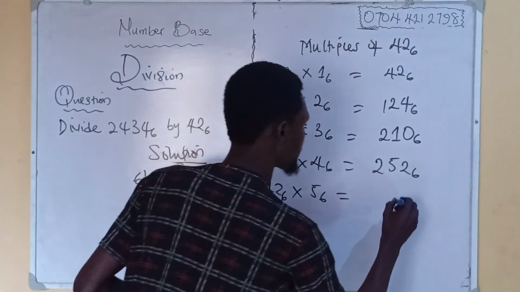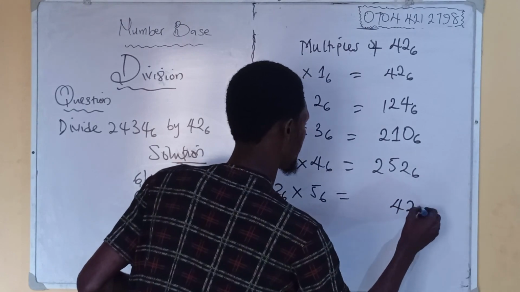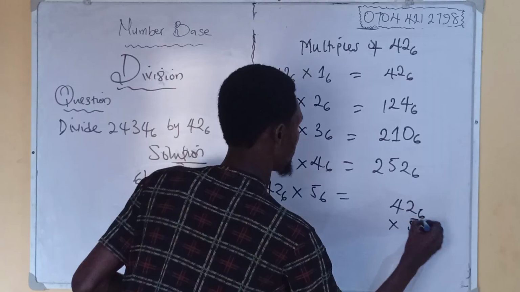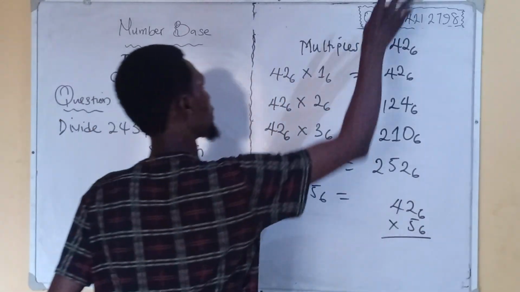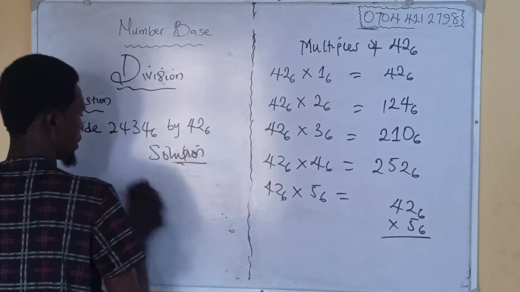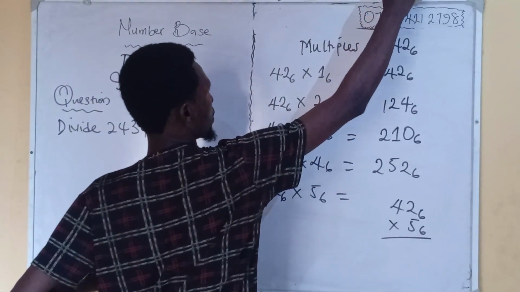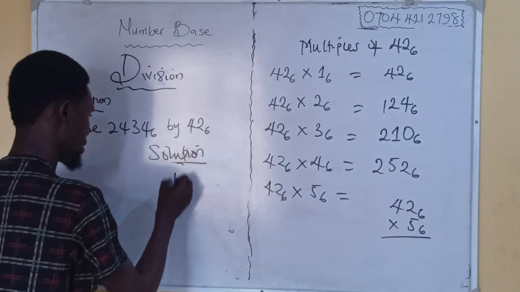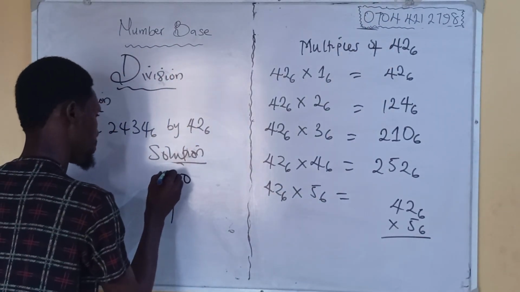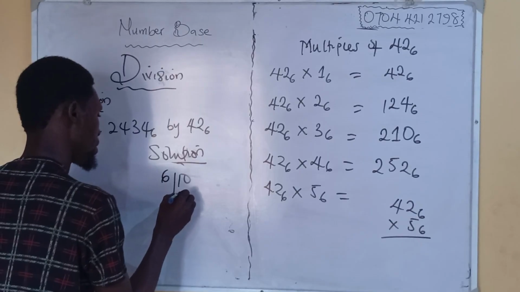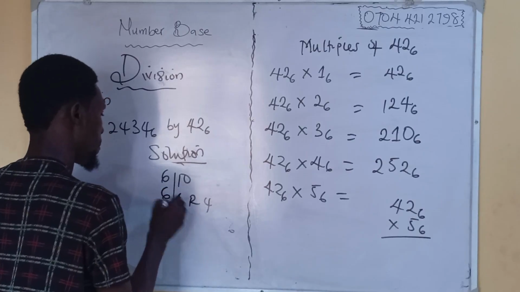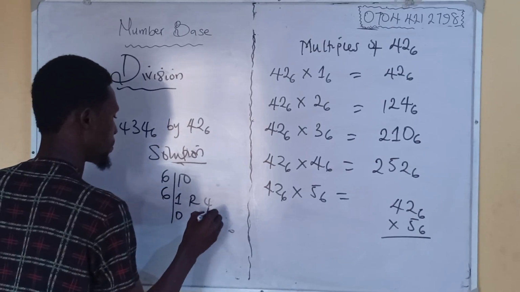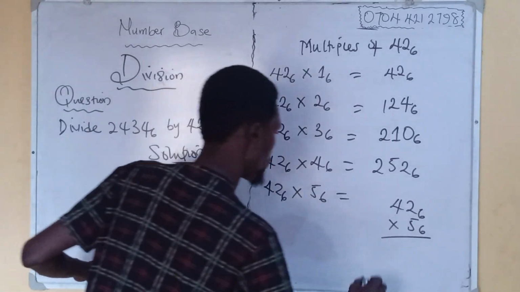Times 5. 5 times 2 is 10. Let's see what 10 is in base 6. In base 6, 10 is 14.